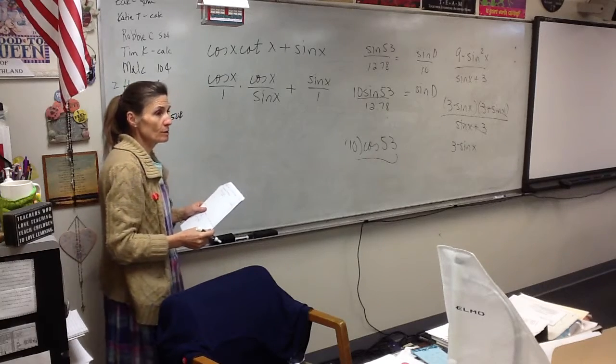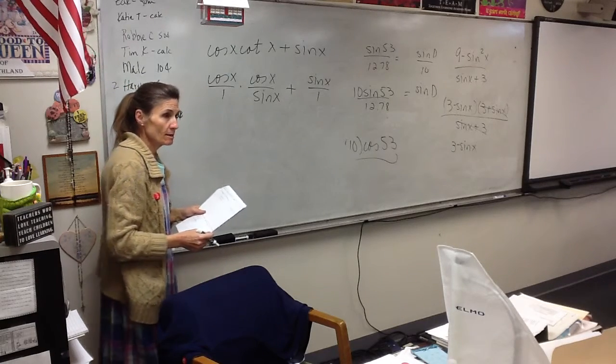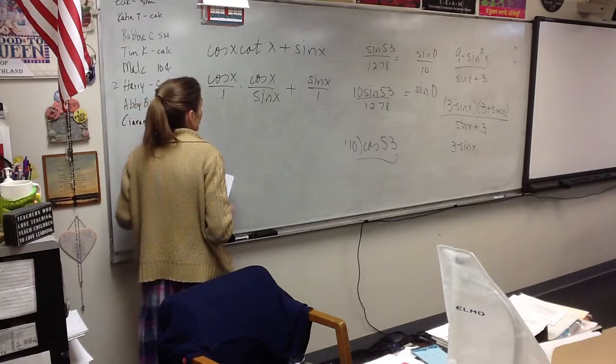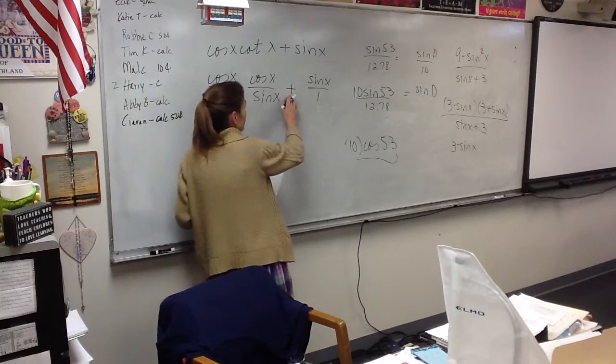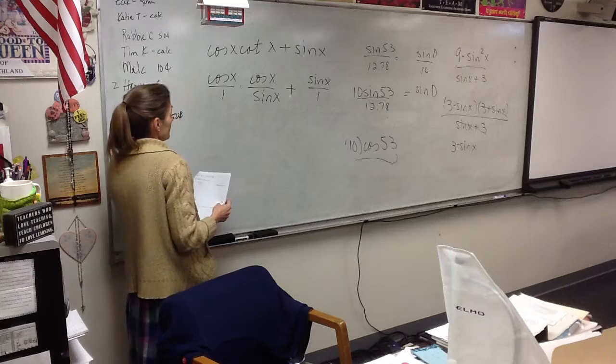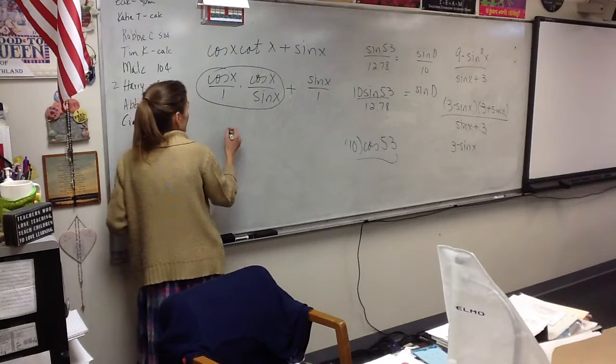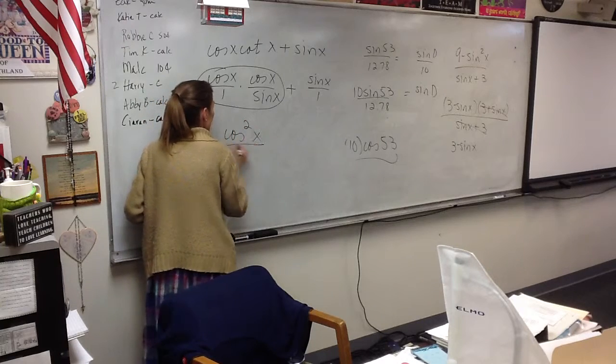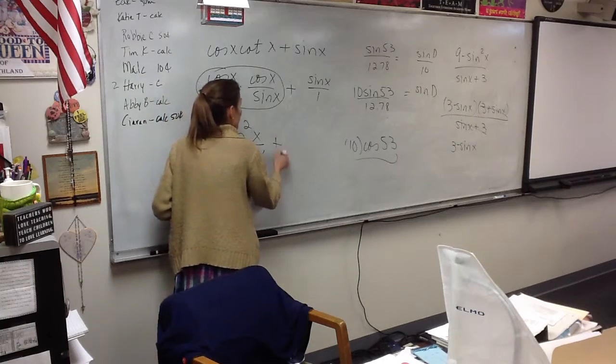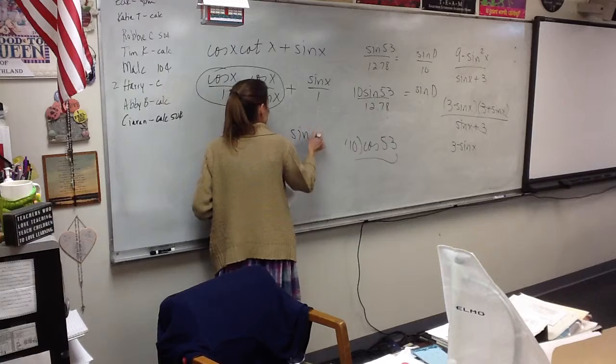Well, shoot. Nothing cancels, does it? Wait, these are added. They cancel when it's a multiply. So, how could I rewrite that? Cosine squared over sine plus sine over 1.